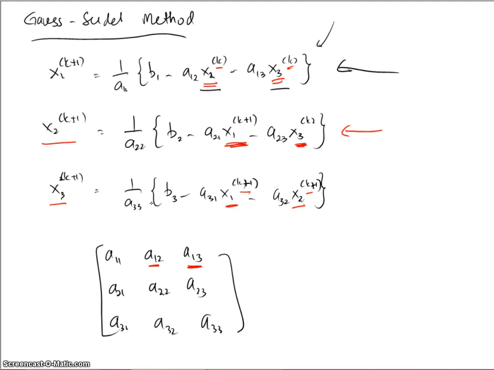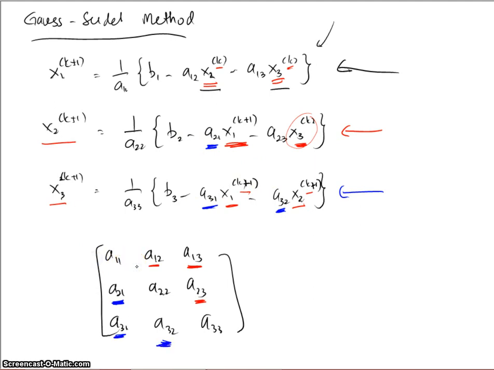When you look at row 2, a23 is multiplied to the old value. So where's a23? This is a23 over here. At the same time, a21 is multiplied to the new value of x1. So where is a21? This is a21 over here. If you look at row 3, a31 and a32 are multiplied to new values. With regards to the system matrix, this is a31 and a32.